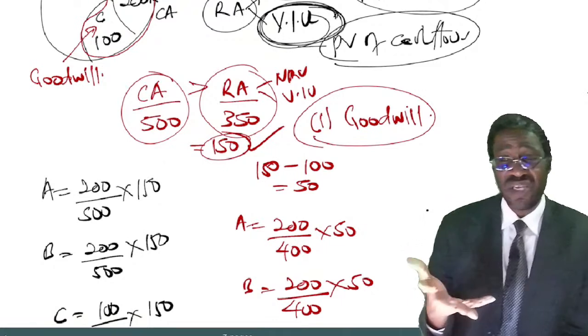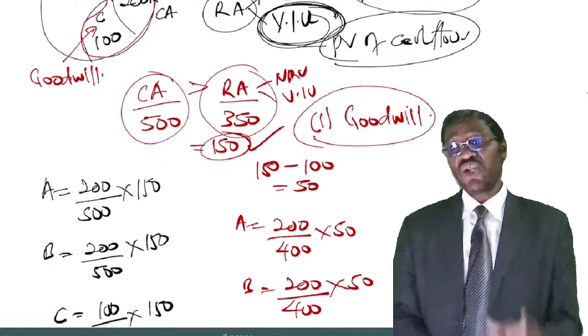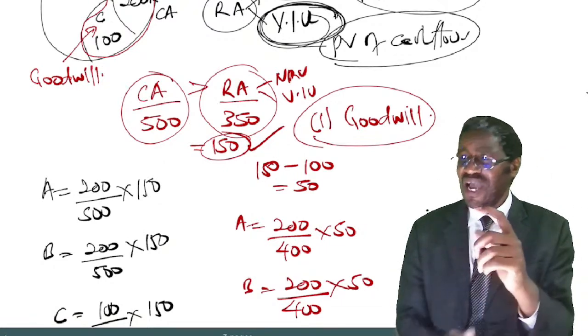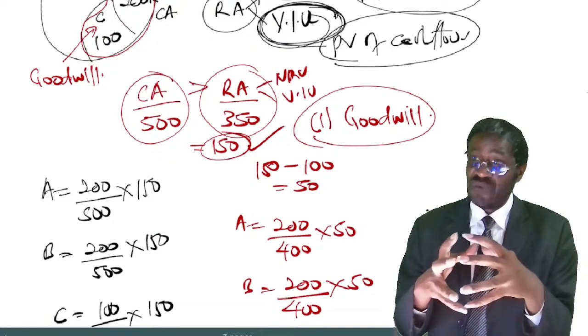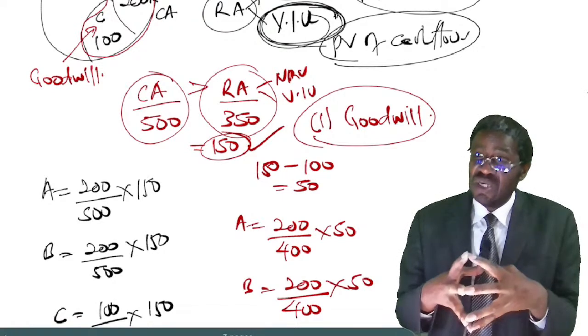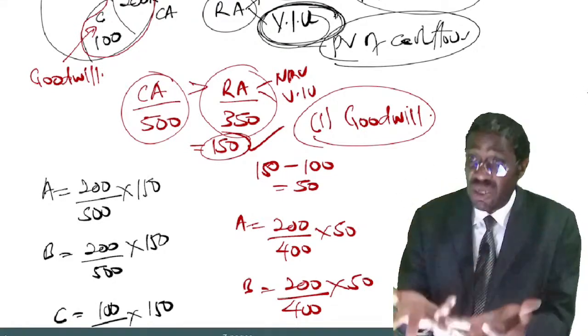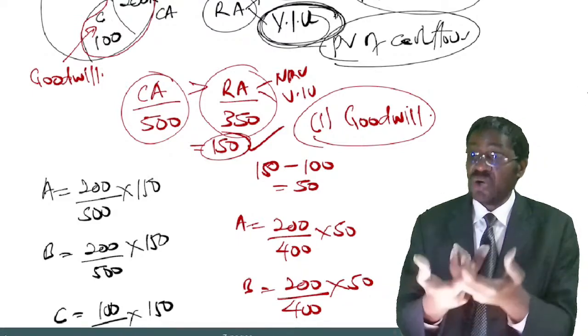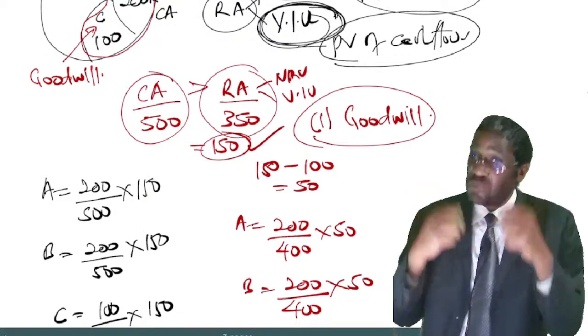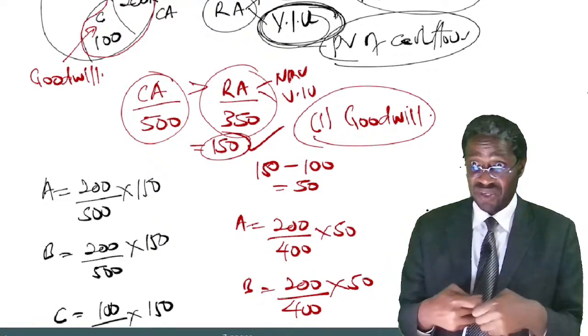An asset, by definition in accounting, we normally define an asset as an economic resource or a resource from which you as a business are expecting to generate economic benefit. An asset normally is a resource from which you expect economic benefit.